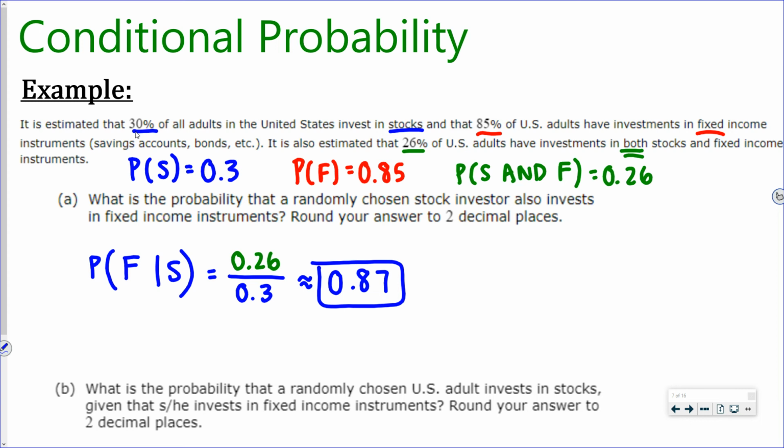So basically, out of that set of population, what's the likelihood that they have both? Or again, here's a little formula: the probability of both divided by the probability that's given.